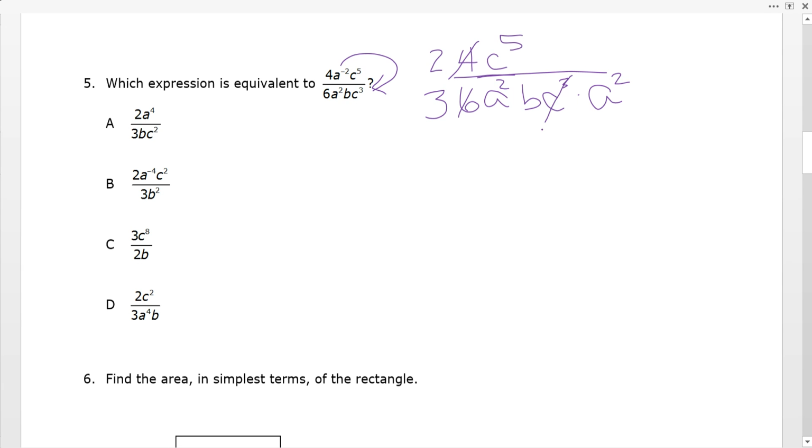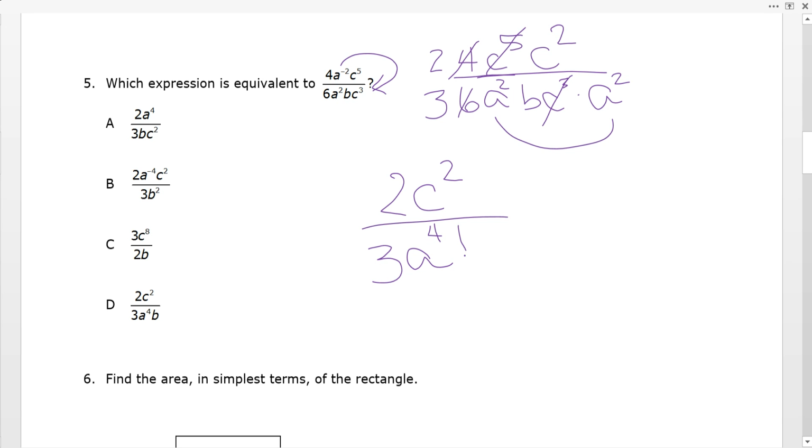And I'm going to cancel out my c's. And I'm done. I'm going to put my a's together. So I have 2c squared over 3a to the fourth b, which is d.